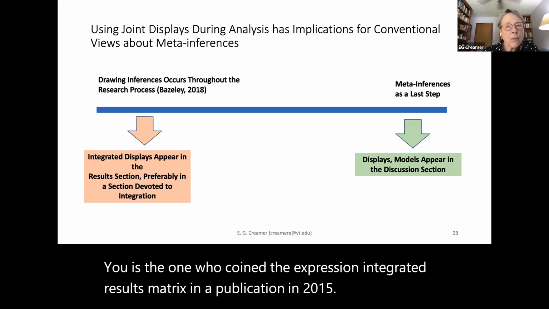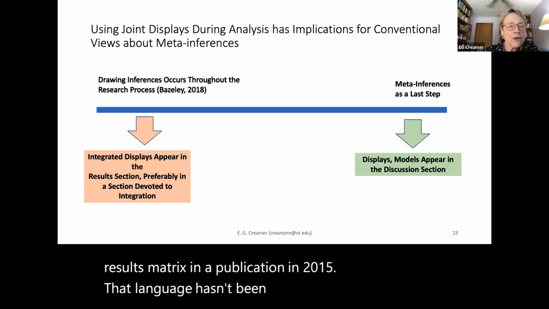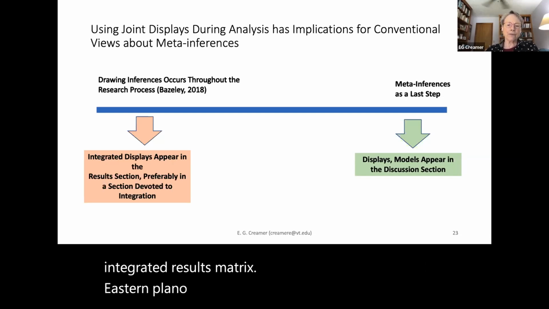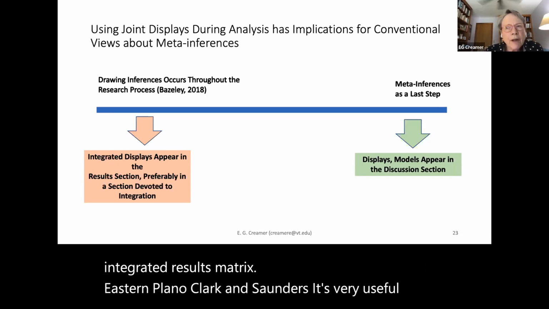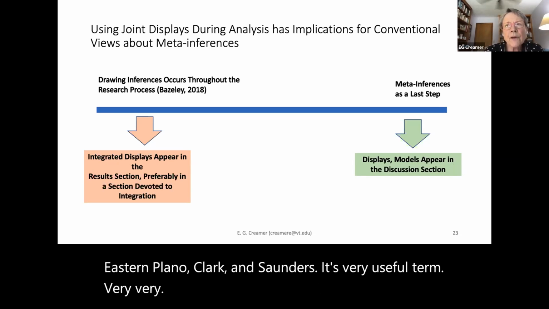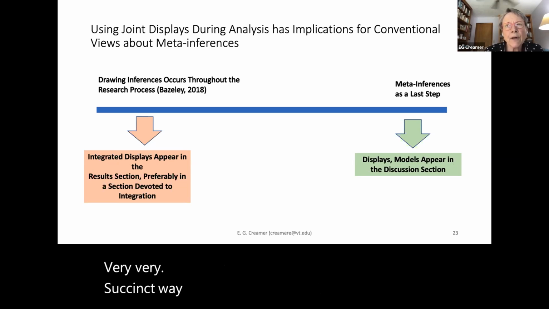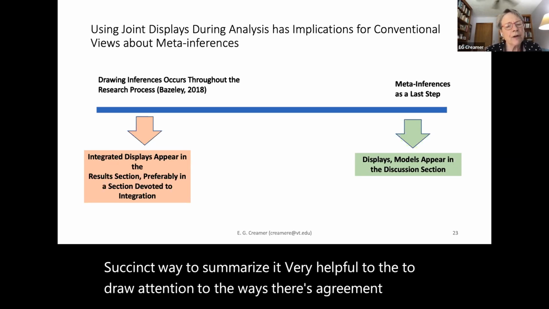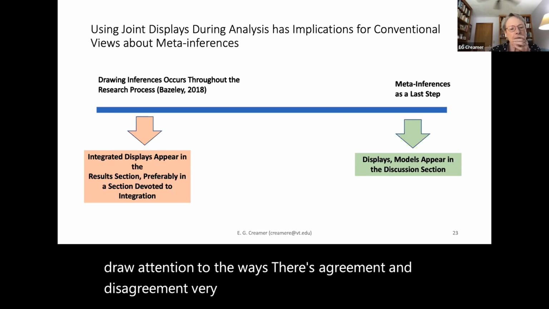That language hasn't been widely adopted, but it's a very useful term, a very succinct way to summarize it, very helpful to the reader to draw attention to the ways there's agreement and disagreement. Very, very solid kind of joint displays.